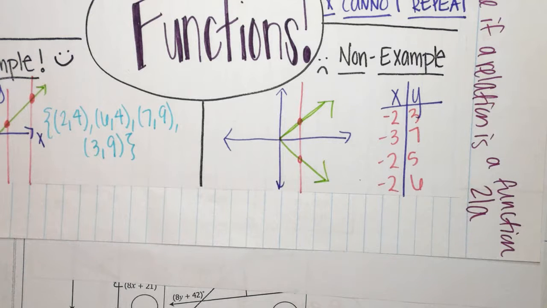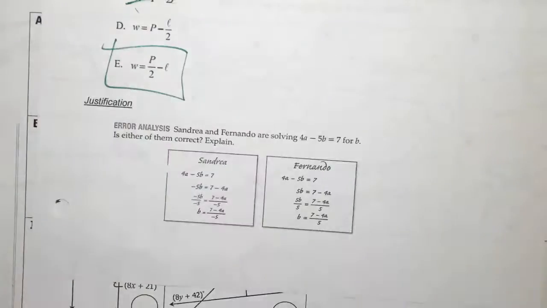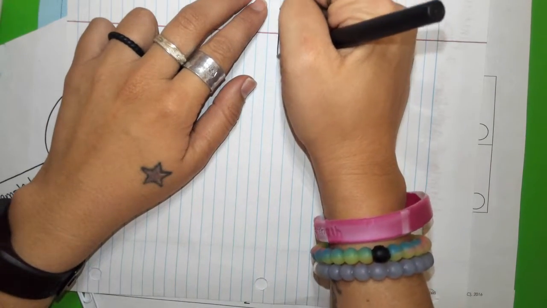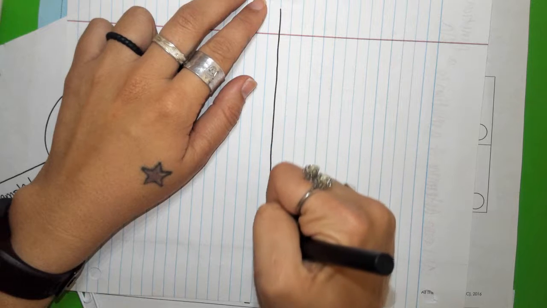When you're done, turn your paper over. Take one and pass. Turn it over like this. Landscape, not portrait, like this. And I want you to draw a line down the middle, like so.